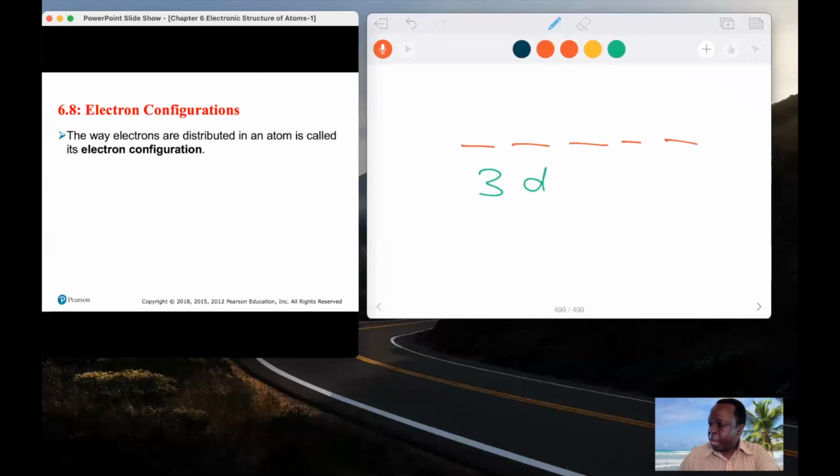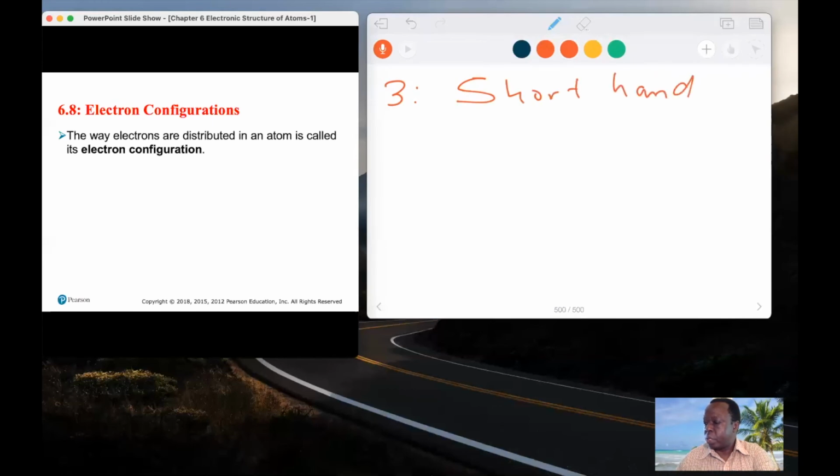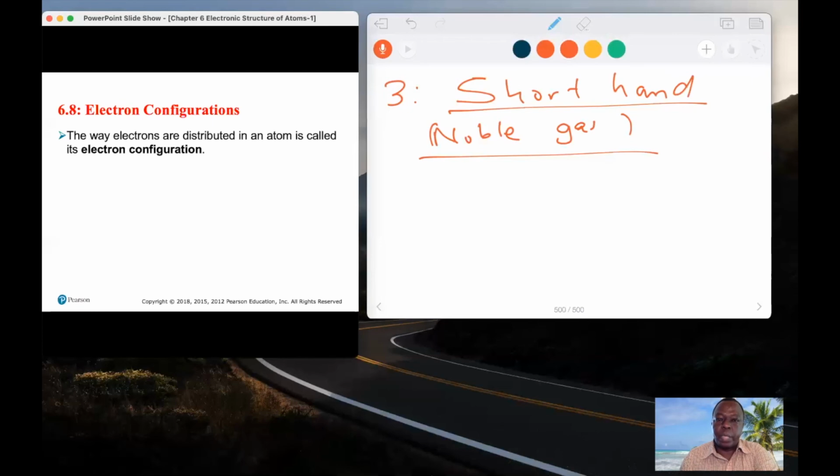And then method 3, the last one here, we call shorthand, whichever way you want to call it, or noble gas electron configuration. For the noble gas, we use group 8. You know the noble gases, right? The group 8 on the periodic table, you need to know the first one.